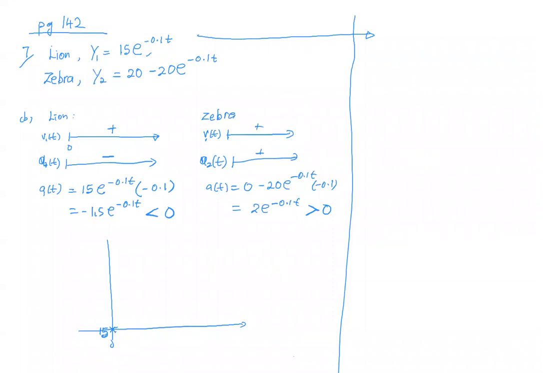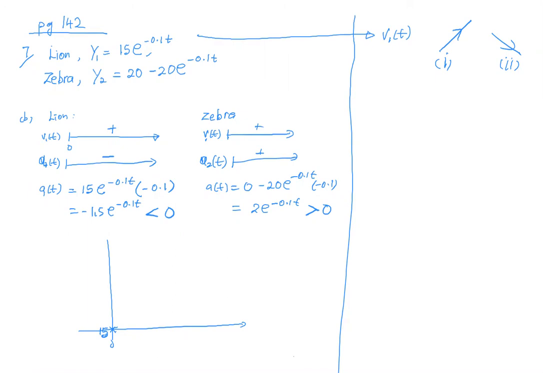The graph should go up or go down? Hello? The graph for velocity of lion, should it go up or go down? Go down. Okay, why go down? Because the AT is negative. Yeah, because the rate of change of velocity is negative.